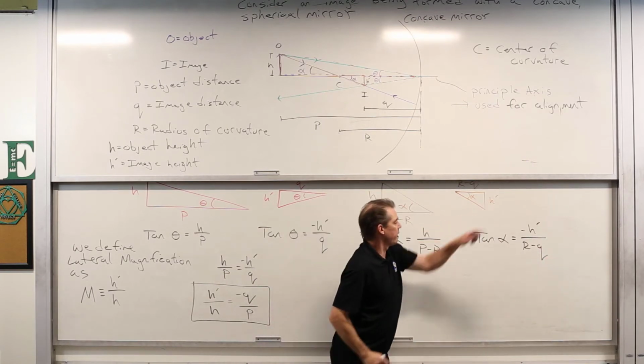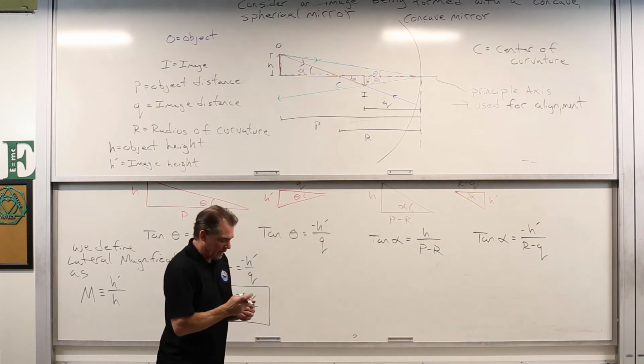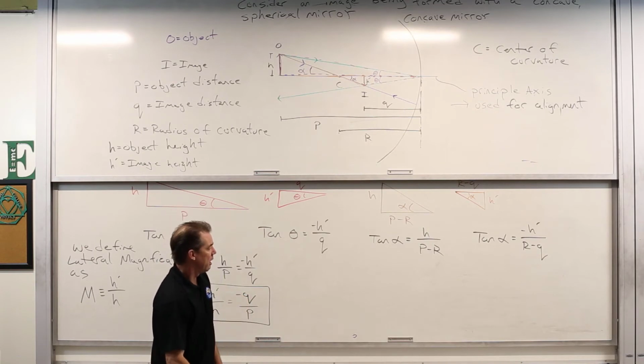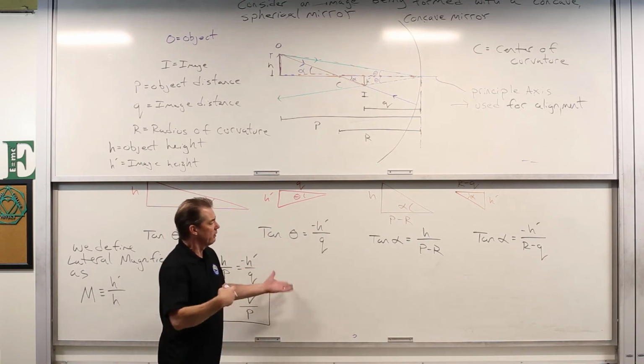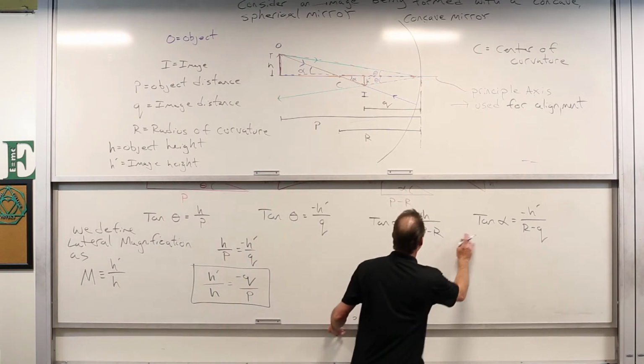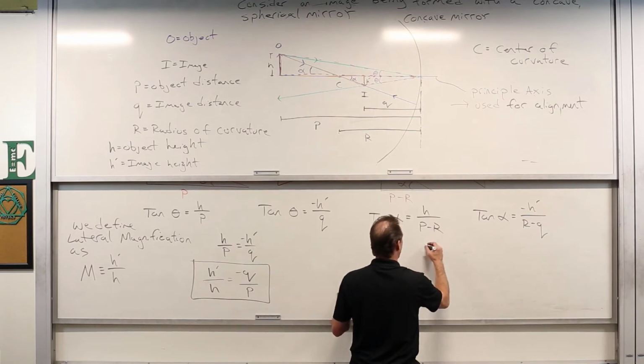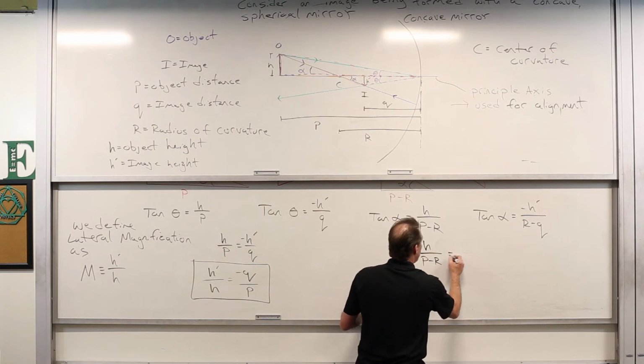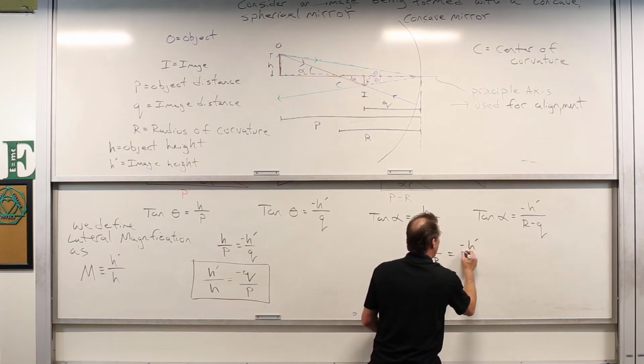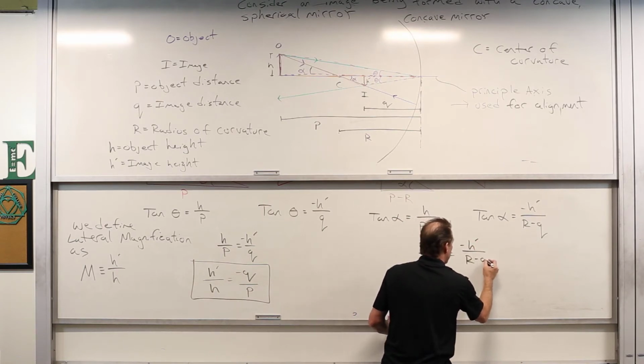Again, negative because of the orientation. Well, again, the tangent of the angle is this, and the tangent of the angle is that. So these have to be equal. We've got h over p minus r is equal to negative h prime divided by r minus q.